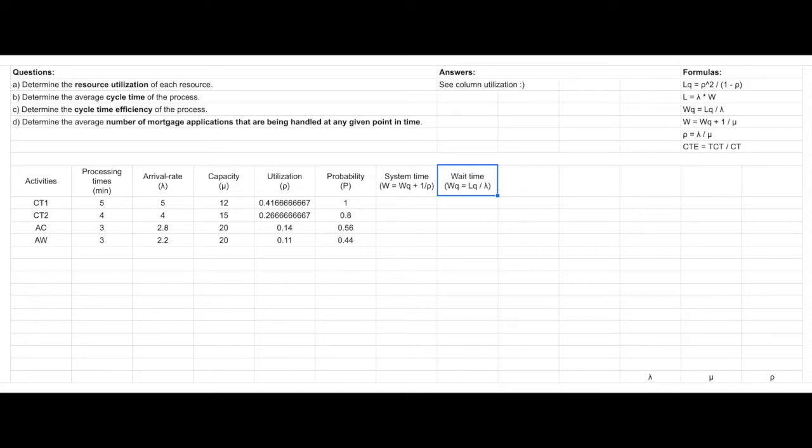Which means, again, that we need to first calculate the number of instances in the queue.